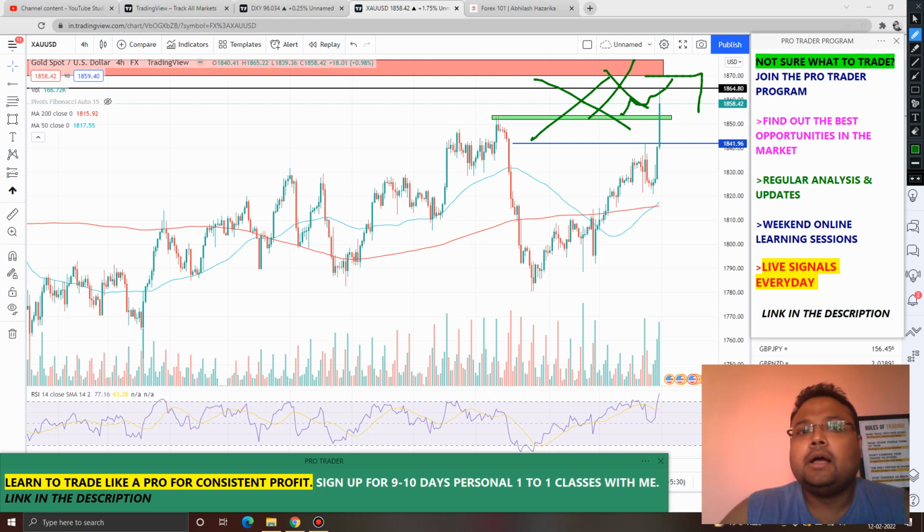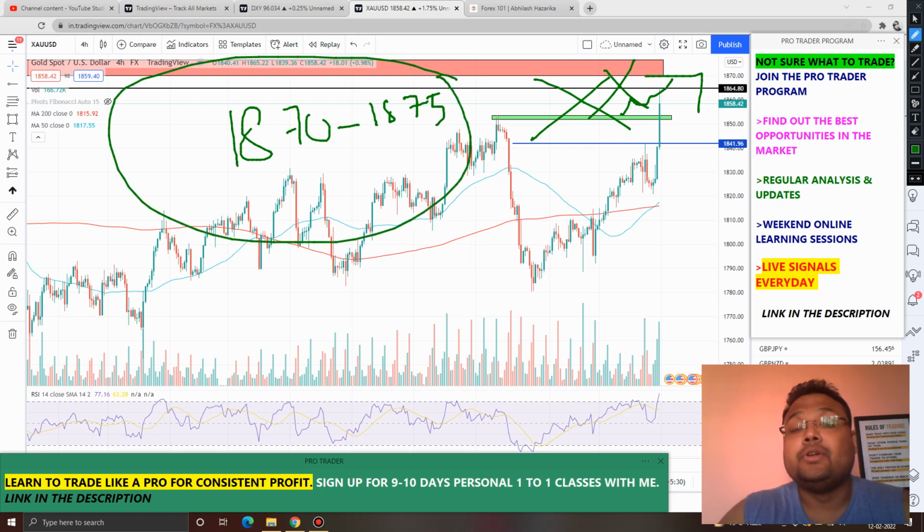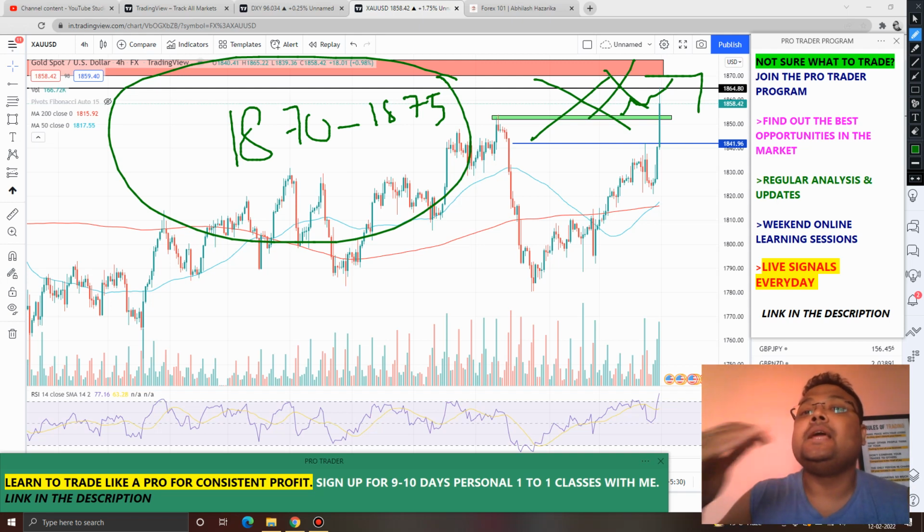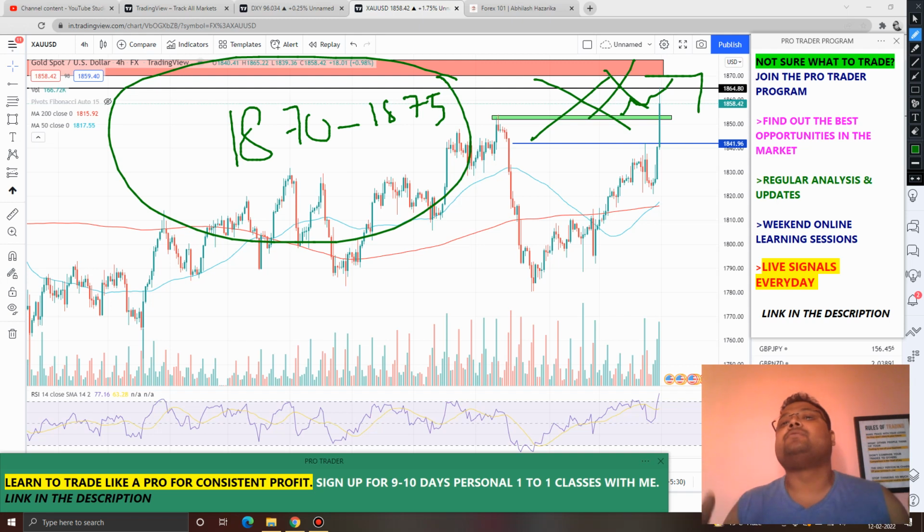But still, keep in mind, around 1870 to 1875 we have the strongest resistance on gold. If gold starts going up, there is a good possibility that the sellers present at this level will give their best fight, okay. They will try to hold the level, and yes, I will try to go for a sell position as well.